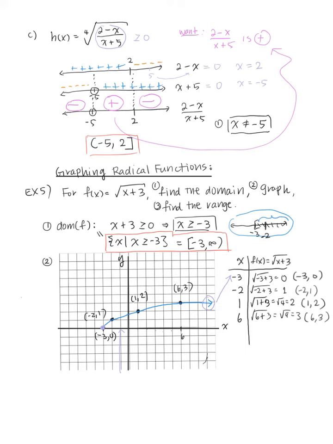So our range, let me just write down here, our range of f is nothing but starting from y equals 0. So in this case, we're going to say the set of all y values, because range is the set of y values, such that all the y values start from 0 and go up to infinity.